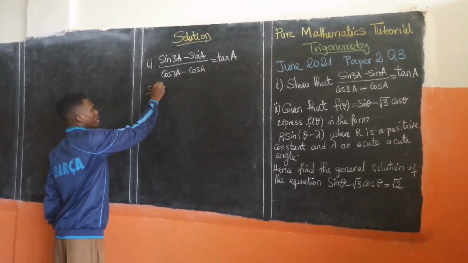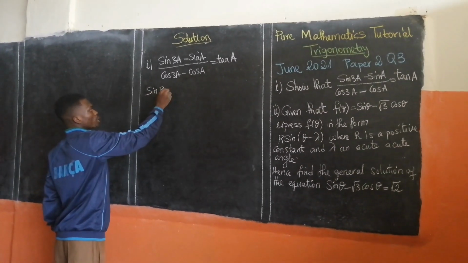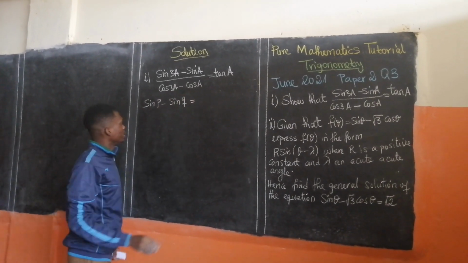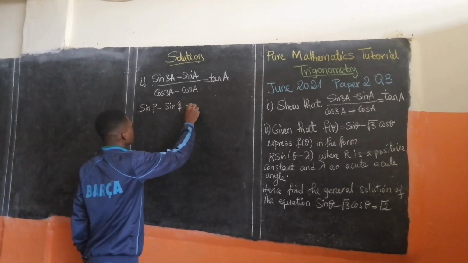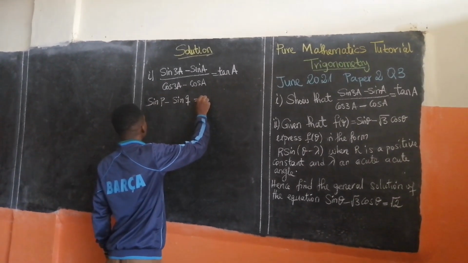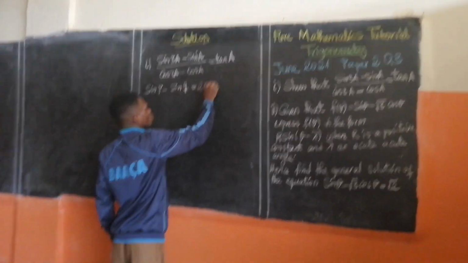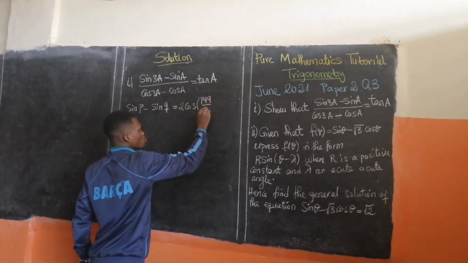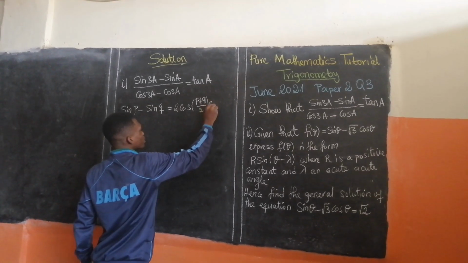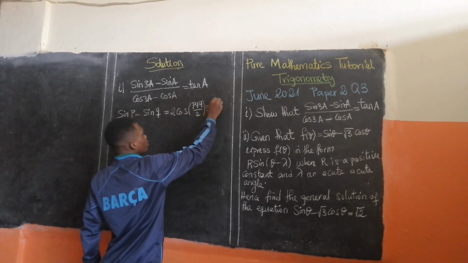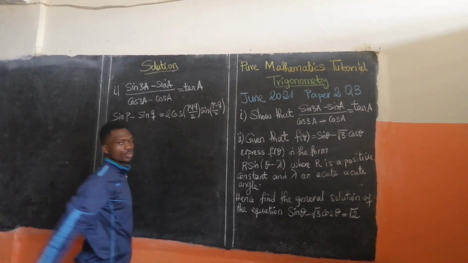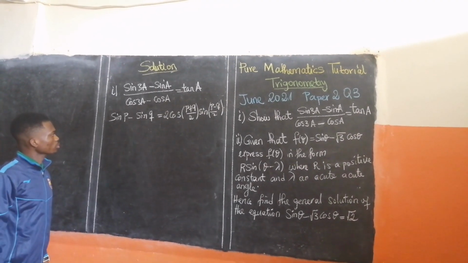Sine p minus sine q is expressed as 2 cos of (p plus q) on 2, then sine of (p minus q) on 2.